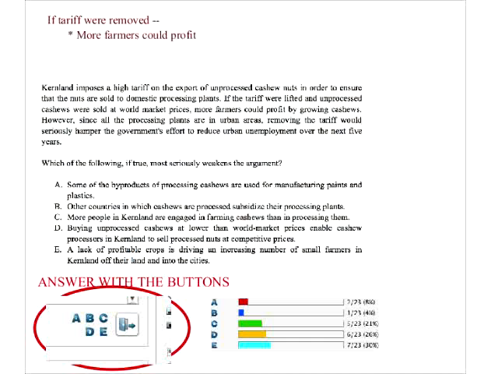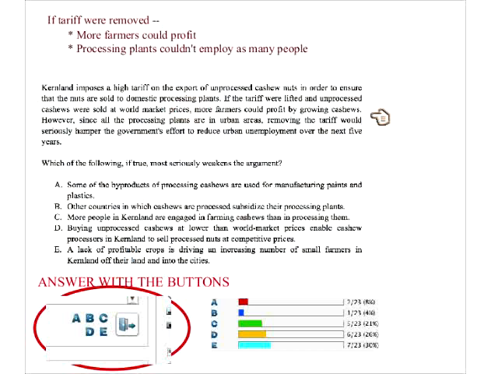But fewer, like the processing plants couldn't employ as many people. Because this is what you got to figure out from this statement. Since we're talking about unprocessed cashews being sold, that means we're not processing them.